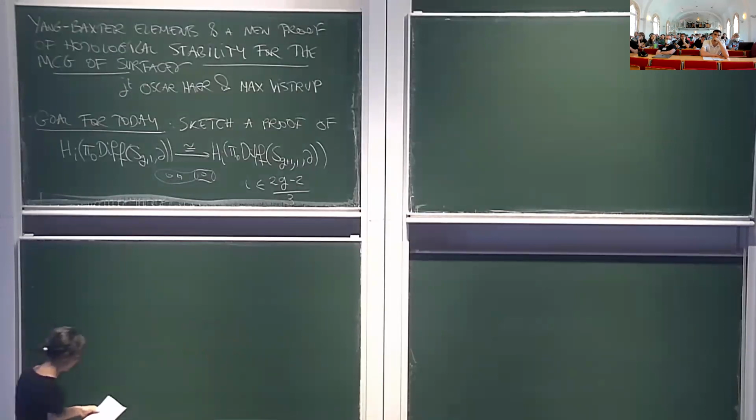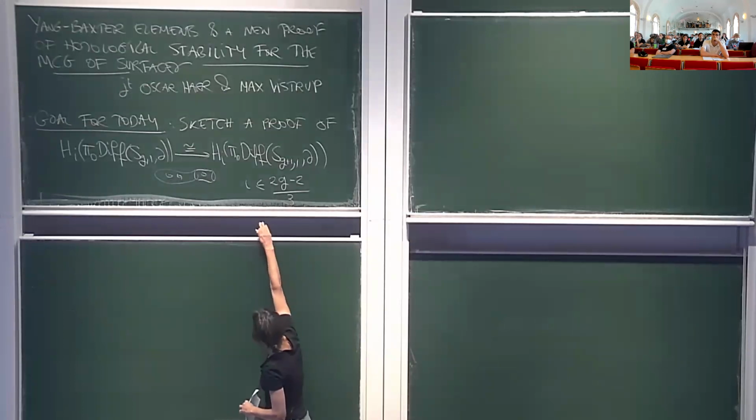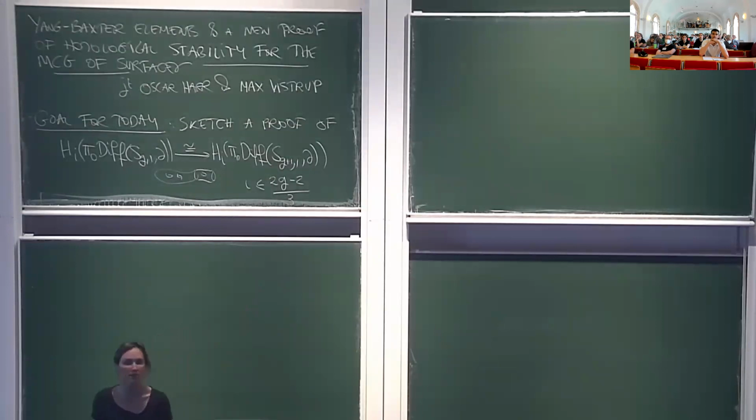Okay, so this is a statement, and this is called homological stability when you have such isomorphisms that are given in a range that increases with some rank, the genus in our case.